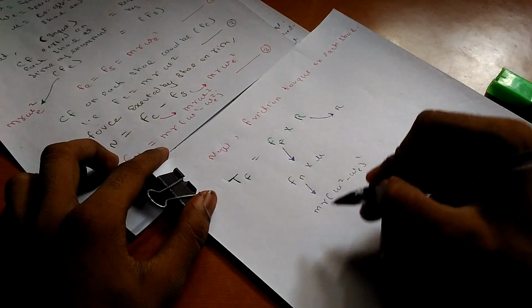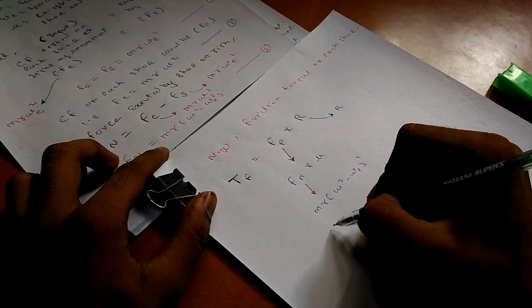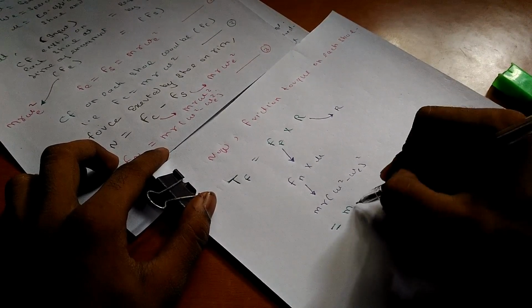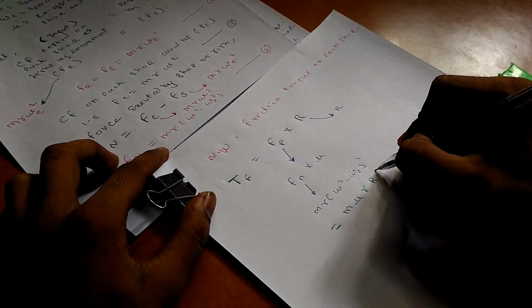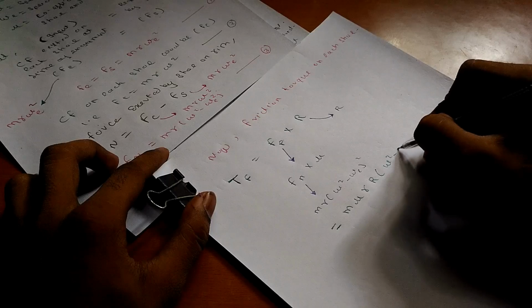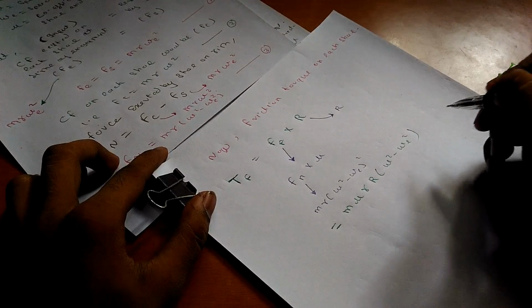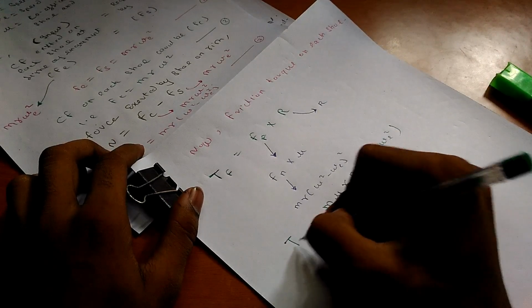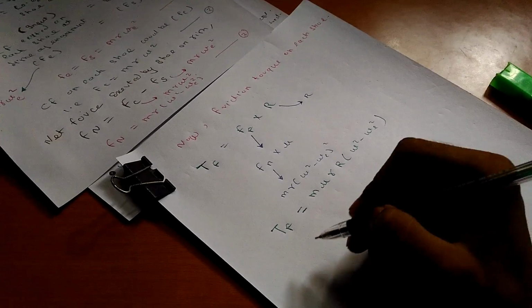Now putting all in, we get m mu r larger R omega square minus omega e square. So this is the frictional torque for one shoe.